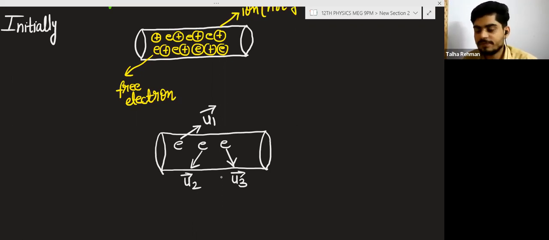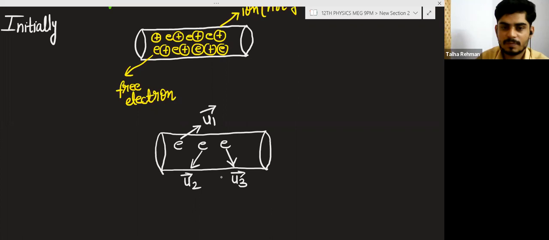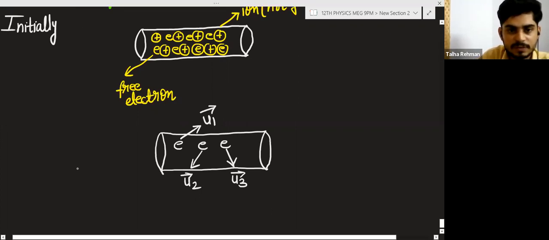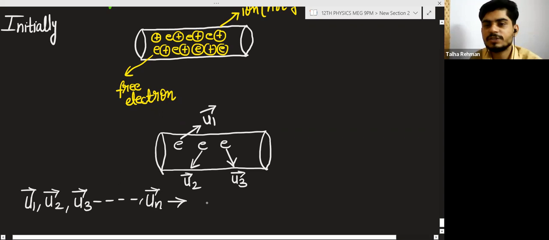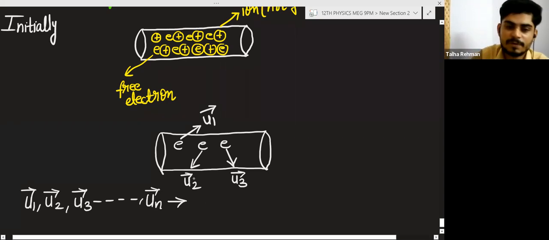Gas molecules also have velocities in different directions. So here you can say u1, u2, u3, and if there are n electrons in the conductor, then un. These are the thermal velocities of electrons.